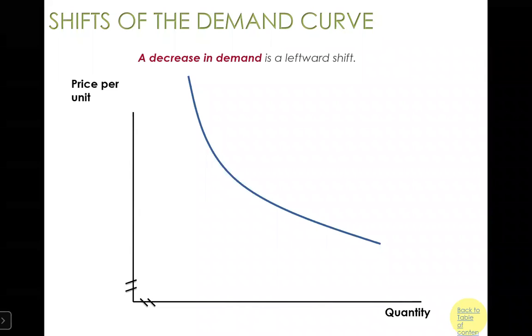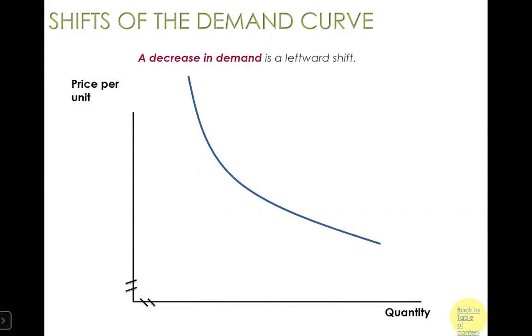Okay. Now we are going to look at the shift of the demand curve, and see what can cause shifts of the demand curve. The shift of the demand curve can be different.